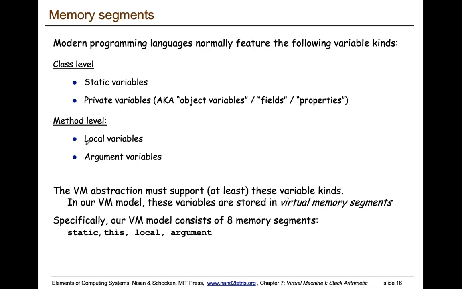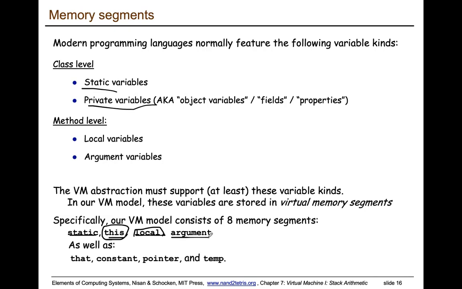The first one is the static: static variables are recorded in static, and private variables are recorded in the this segment. Then at the method level, we record local variables at local in the virtual machine model, and argument variables at argument.